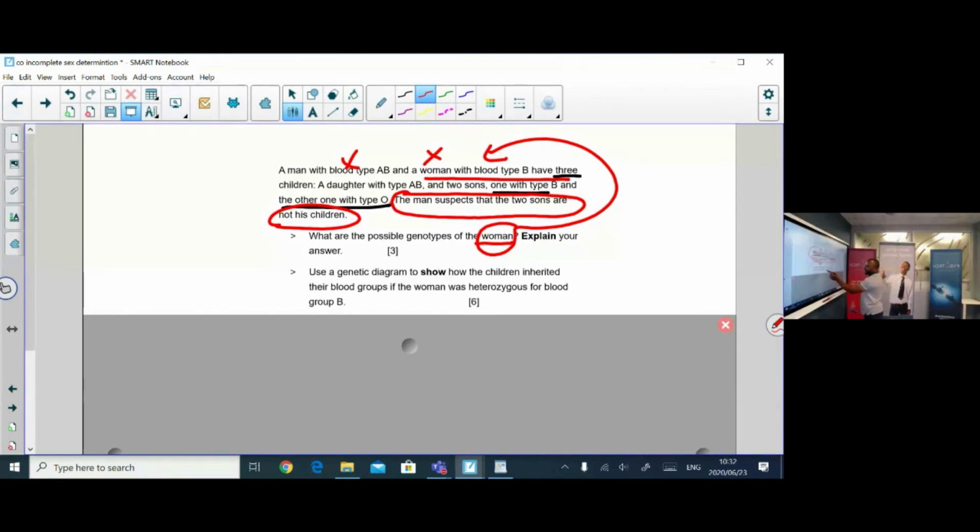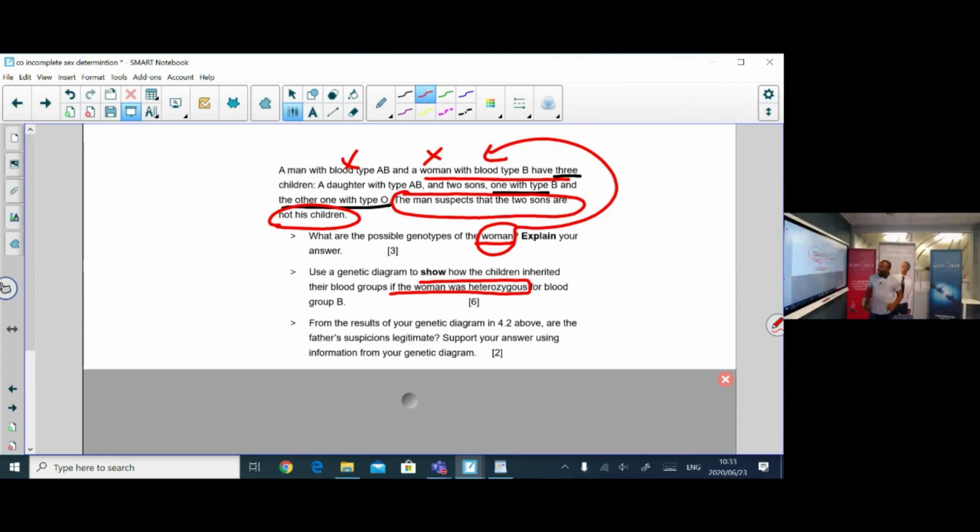If the woman was heterozygous, this question is so simple. It even gave you the condition of the woman. It guides you to choose on the blood group. You should show me your answers tomorrow.